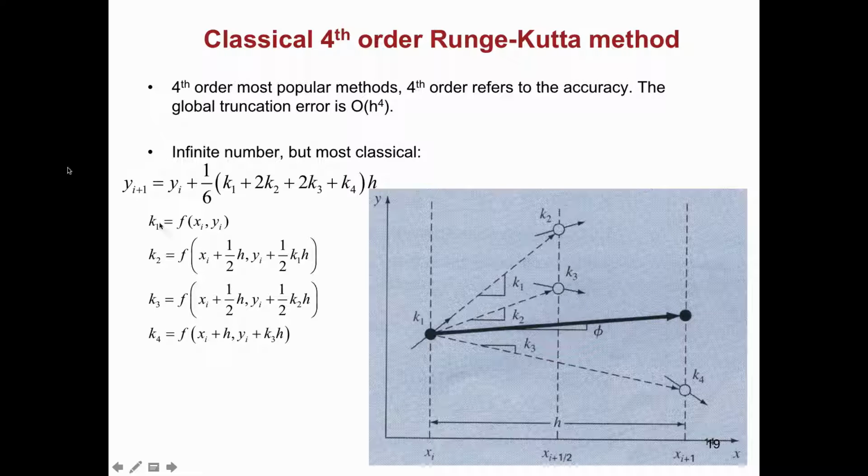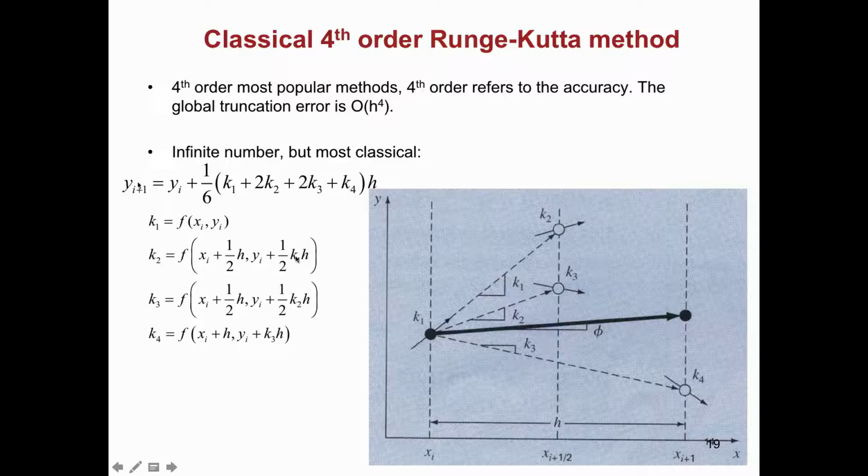Technically you take the first slope as this Euler's method slope that we had. Then on the next one you estimate the slope at a half point in between. So you take this slope halfway, and this is your new y, and at that y you estimate the slope using the function f.